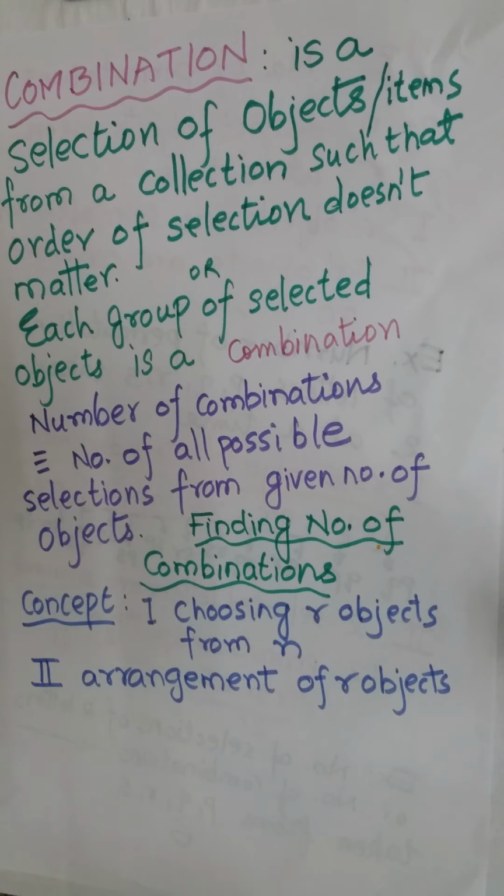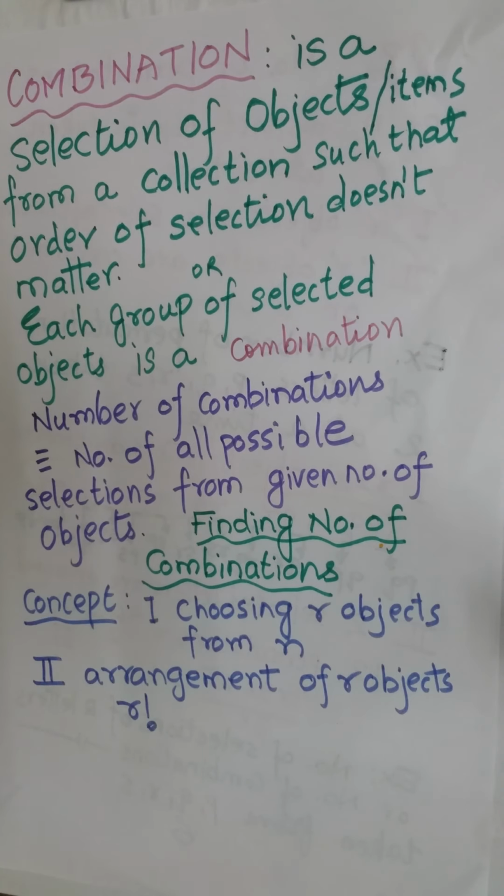If you can recall, permutations of n distinct objects taken all at a time was n factorial. So R objects arranged in a line, taken all at a time because R are now selected, can be arranged in how many ways? Yes, it is R factorial ways.